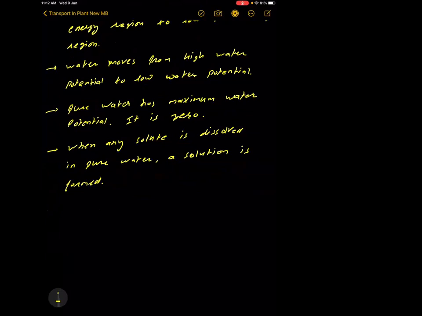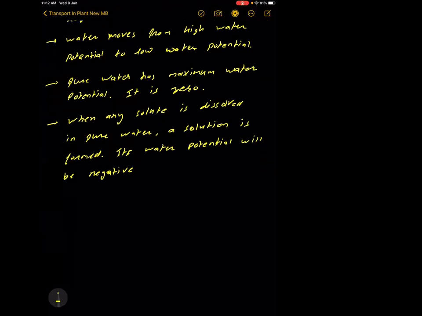Its water potential will be negative, less than 0, because maximum is in pure water, so obviously the solution has negative value. Clear?